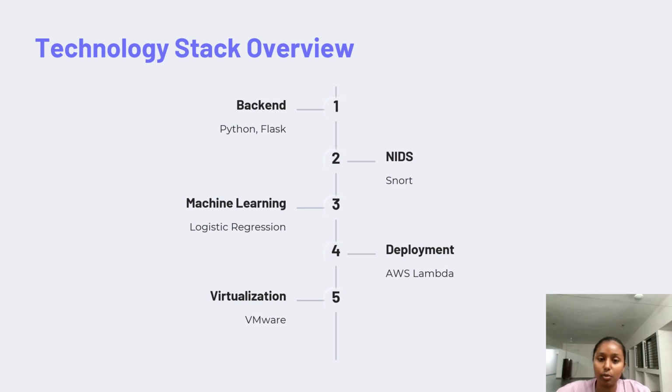It is my future scope of deploying my website in AWS Lambda. And the fifth one is virtualization, where I have used VMware. In VMware, I have configured Kali Linux, which is the attacker, and Ubuntu. In Ubuntu, I have installed Snort, so it captures traffic and detects the user where the traffic is intrusion.